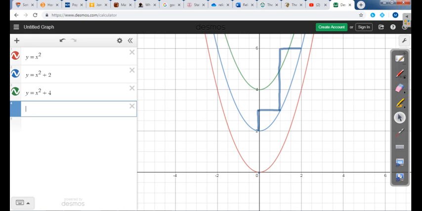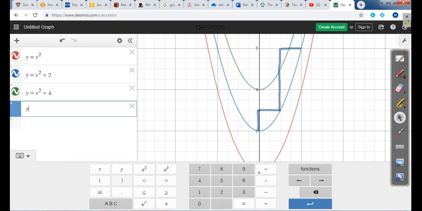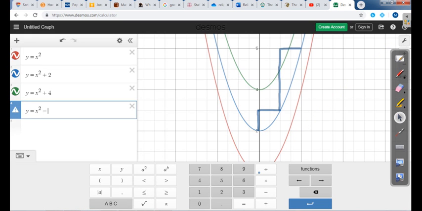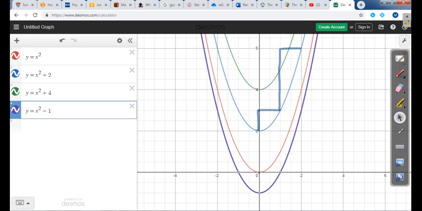Next function, x squared minus 1. Okay, so I'm going to hide this. What do we notice here? It moved down 1 unit. Did it flip? No. Should it flip?